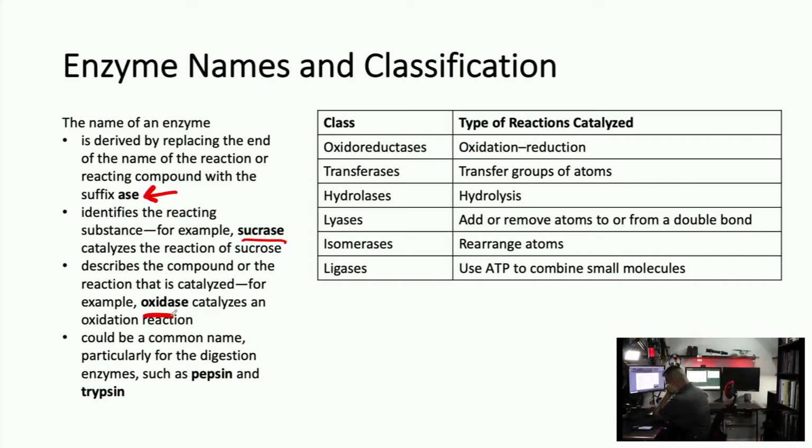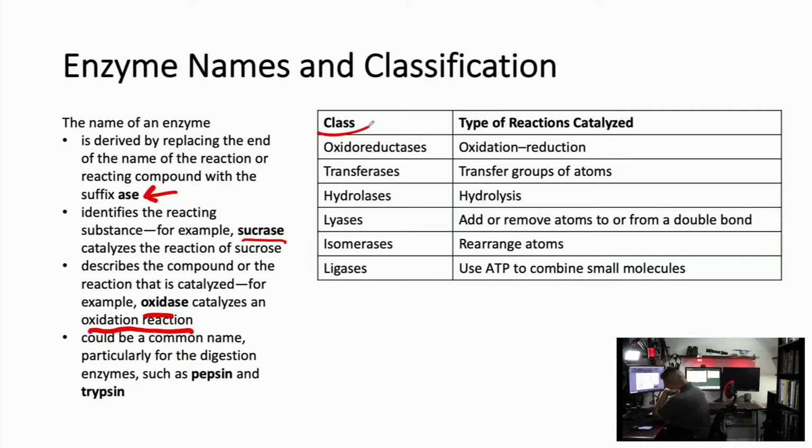So an oxidase is an enzyme that catalyzes an oxidation reaction, right? And of course, there are many different types of enzymes. Like I was saying before, these are all enzyme classifications.